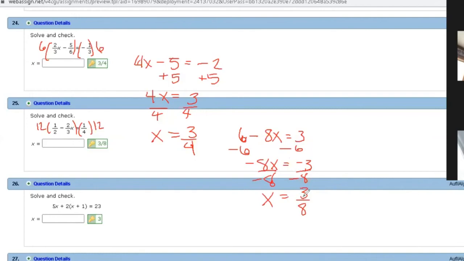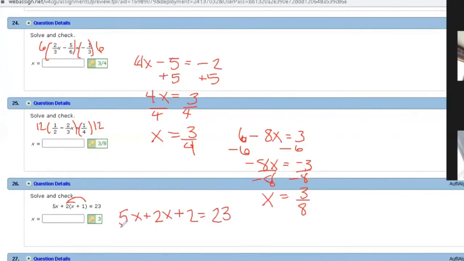If we look at 26, we have this 2 in front of this x plus 1. So we have to do our distributive property where we take this 2 and multiply it by the x and by the 1. So we have 5x plus 2x plus 2 equals 23.